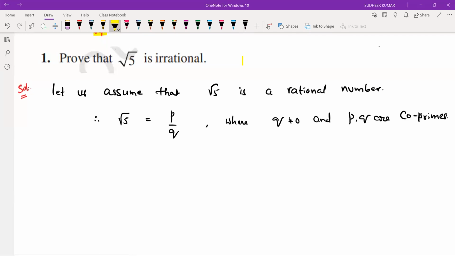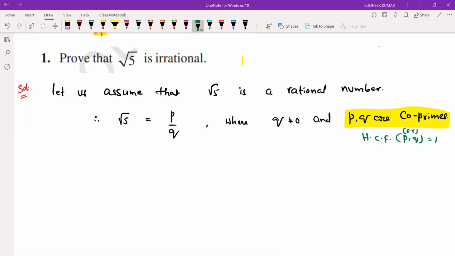This is very important. P and Q are co-primes in the sense that the common factor of P and Q is 1 only, not other than that. So this also can be expressed as HCF of P and Q equal to 1. Any one you can write.